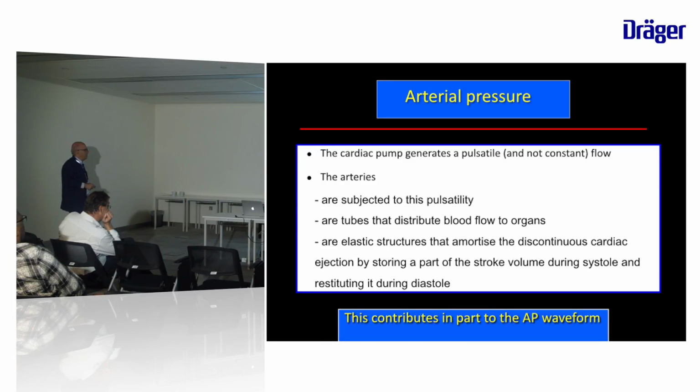They are tubes that distribute blood flow to the organs, of course, and there are elastic structures that amortize the discontinuous cardiac ejection by storing part of the stroke volume during systole and restituting it during diastole. So all these factors contribute to the arterial pressure waveform.